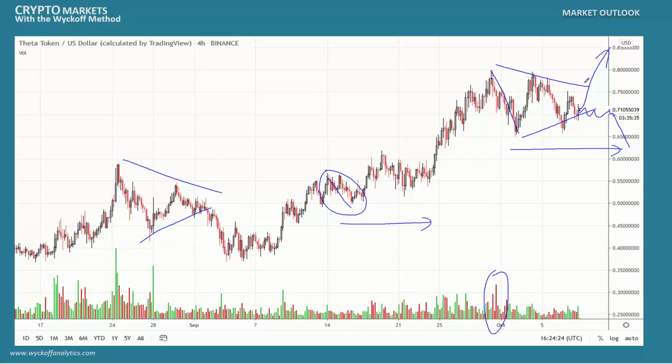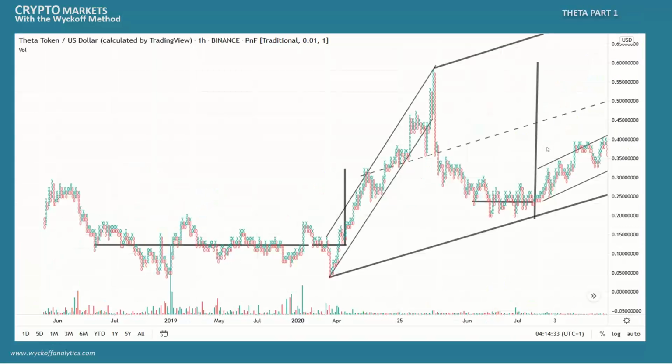And the more we stay in this apex formation, the more there is a probability that there could be a retest of the support. And the faster we resolve it, the less probability that we're going to have that type of spring shakeout action. Okay, let's go to the next chart.